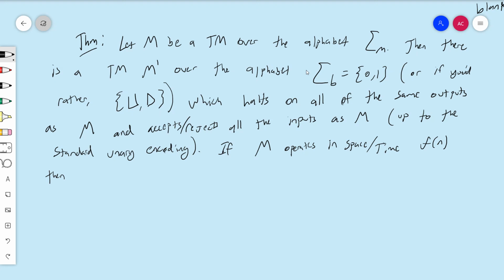I'm just saying take space or time. The statement applies to both. So if M operates in space time f of n, then M prime operates in space time O of f of n, meaning the time and space classes we're going to define, because they were defined in terms of O of f of n, are the same.